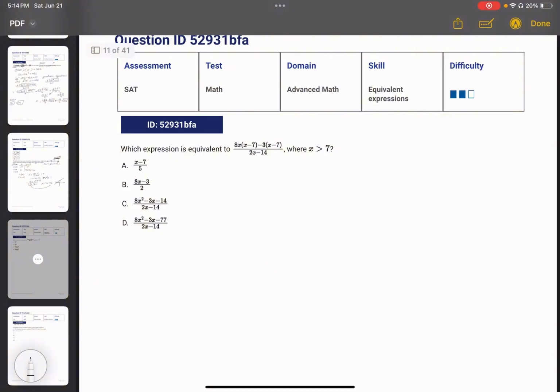Looking at this next problem, which expression is equivalent to this over here, where x is greater than 7? So I see that we have 2x minus 7, so we can factor that out, actually. We have 8x minus 3, and then factor out the x minus 7 over, and then down here, we could also factor out a 2.